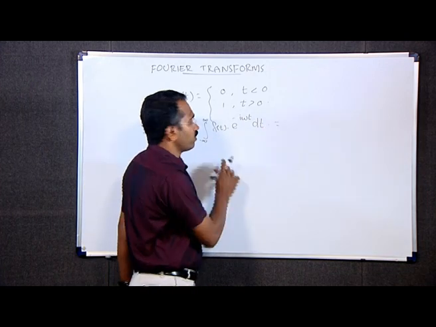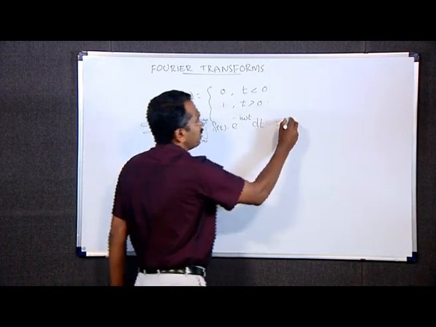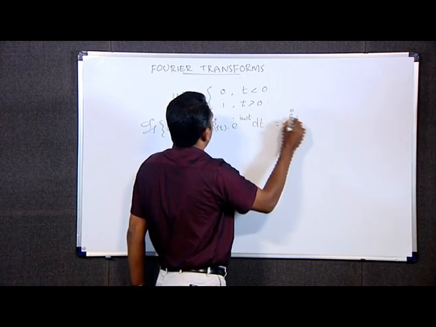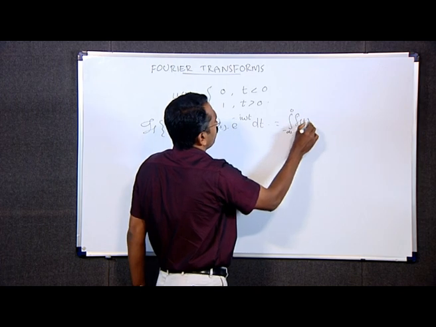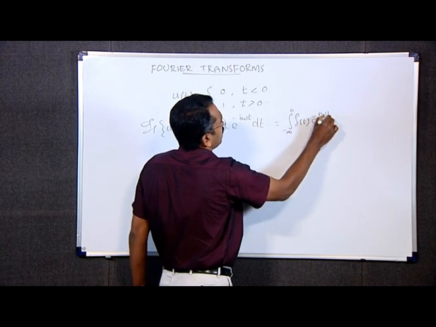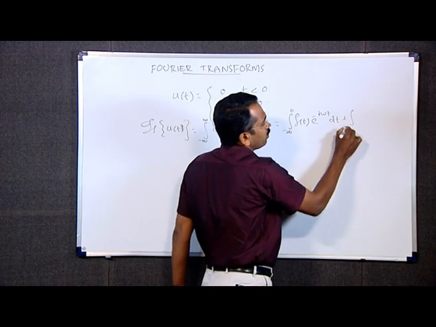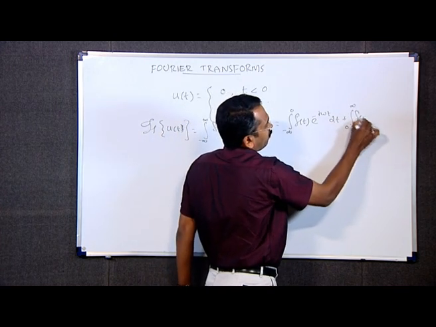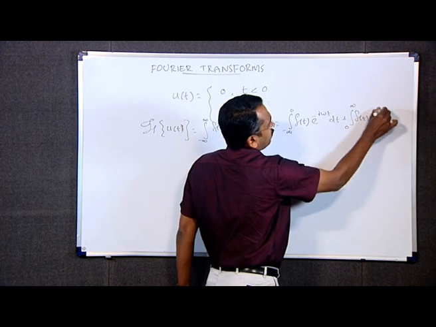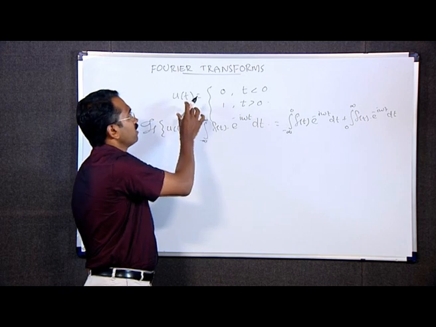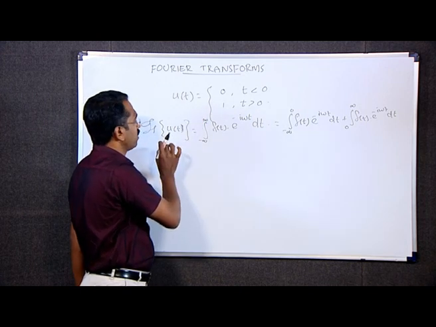That is equal to, we have to split this integral, that is the integral from minus infinity to 0 of f of t into e raised to minus i omega t dt plus the integral from 0 to infinity of f of t into e raised to minus i omega t dt. Here f of t means the unit step function.